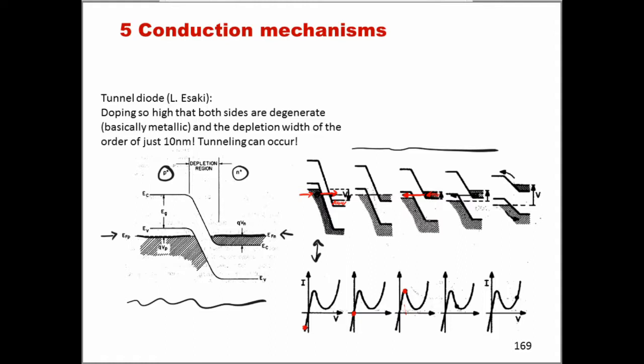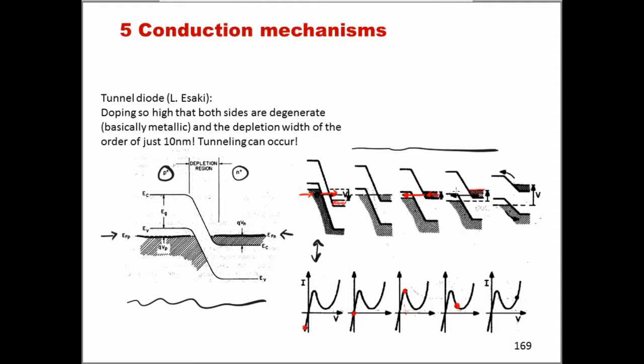So if we keep increasing the voltage now, some states, at least the top one, will not be able anymore to see available states on the other side. And this is the situation depicted here. If we increase a bit more, the current will decrease, because all these states that are from here to here cannot tunnel anymore.